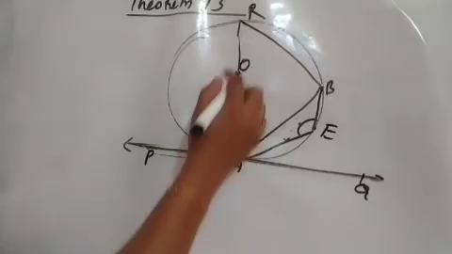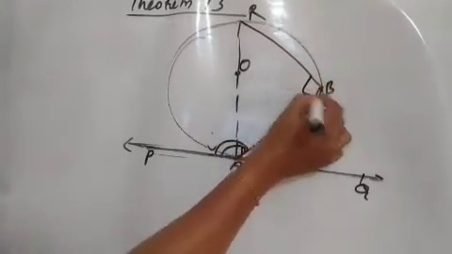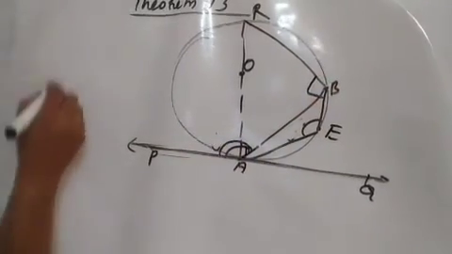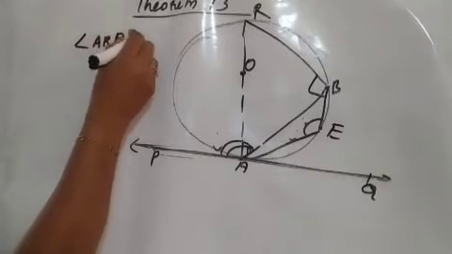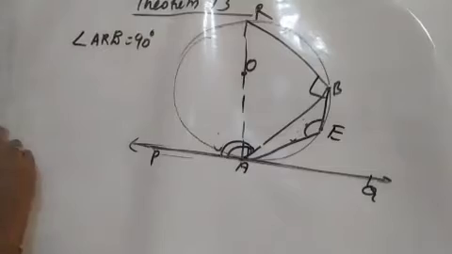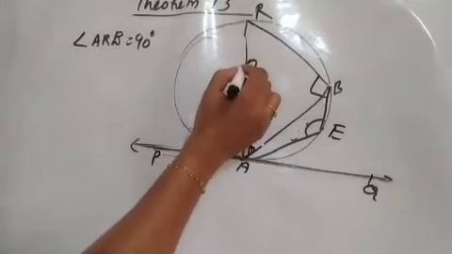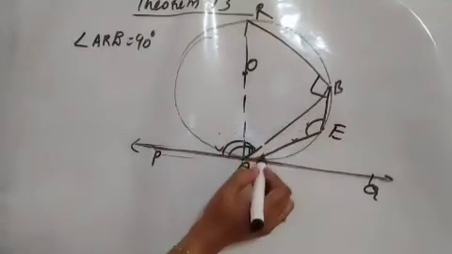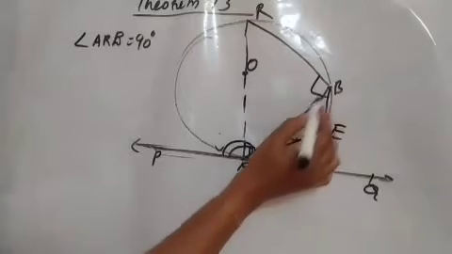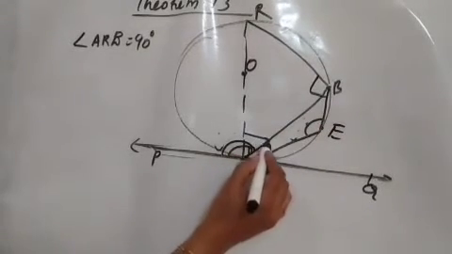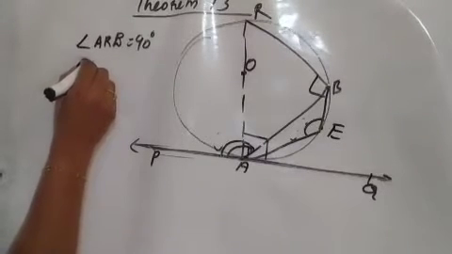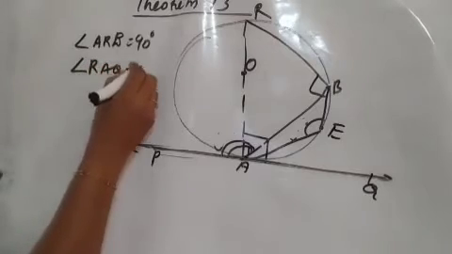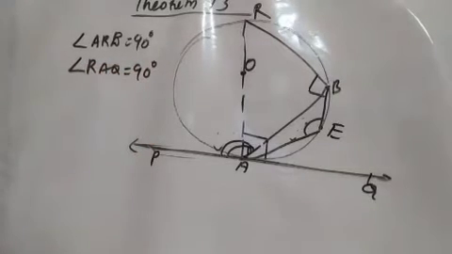Okay. First we have to join RB. Then we know that the angle in a semicircle is 90 degrees. That is, angle ARB is 90 degrees. Also angle RAB plus angle BAQ is 90 degrees. The angle between tangent and the radius is 90 degrees, so angle RAQ is 90 degrees.